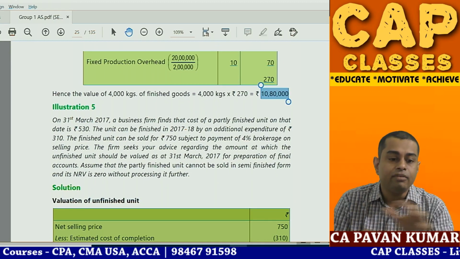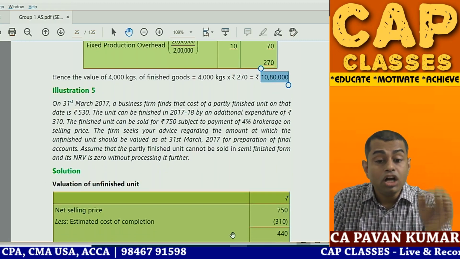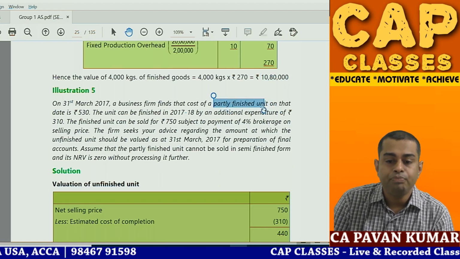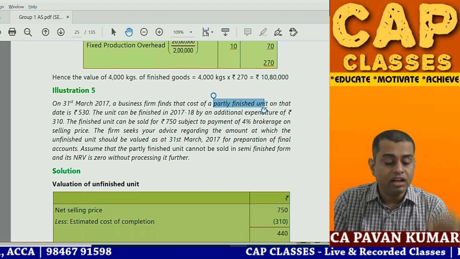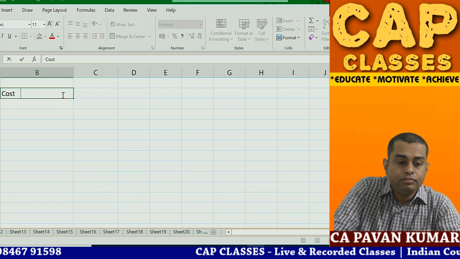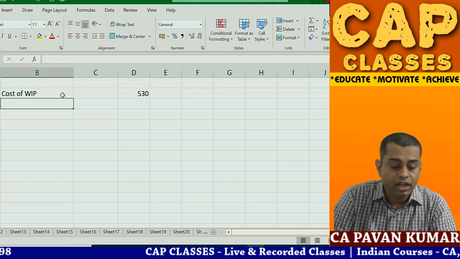Illustration 5. On 31st March 2017, a business firm finds that the cost of partly finished unit, that is work in progress, very important, on the date is 530. So write down, cost of work in progress is given 530.